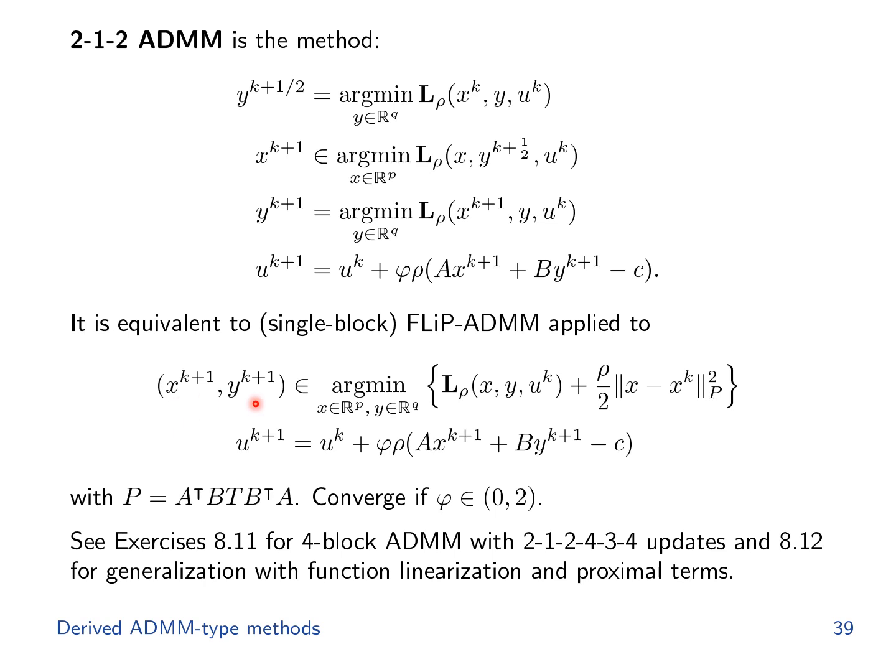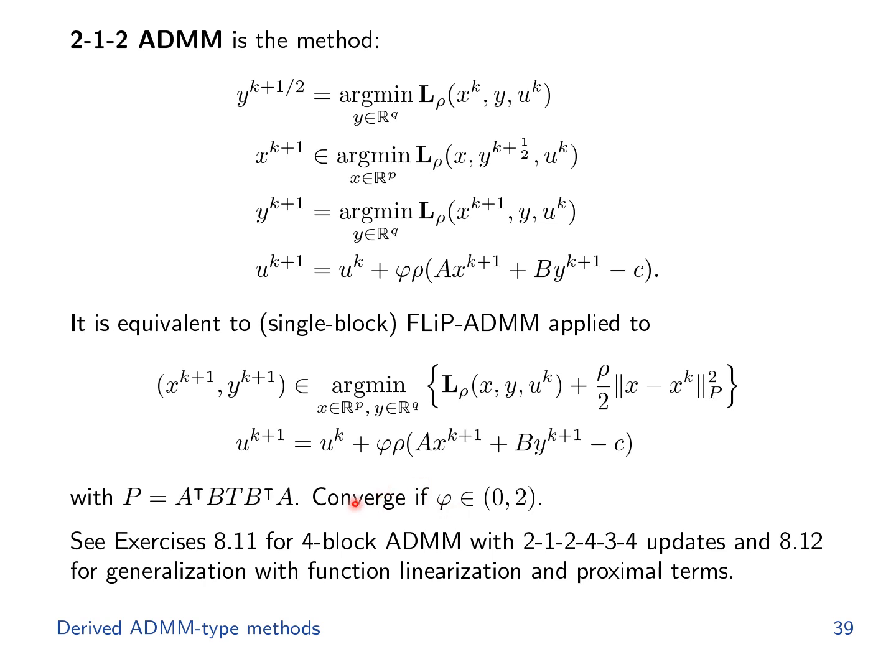So because x and y are updated together, they're not independent, and this is a single block, although they have two subblocks of variables. And this method converges if phi is chosen between 0 and 2.